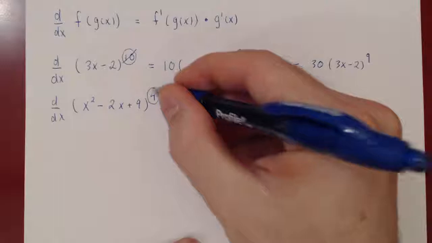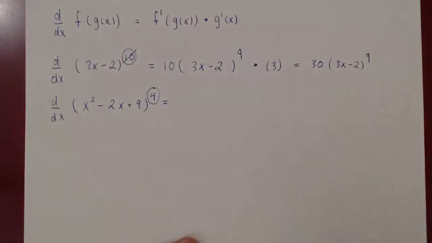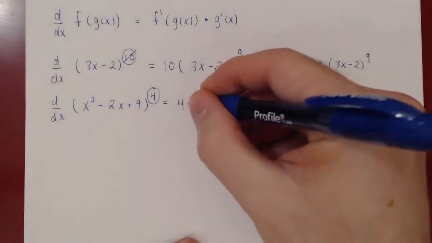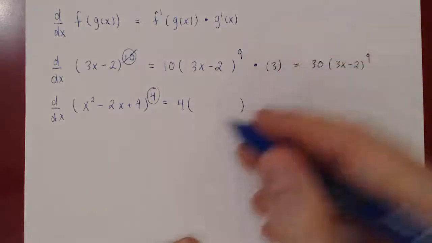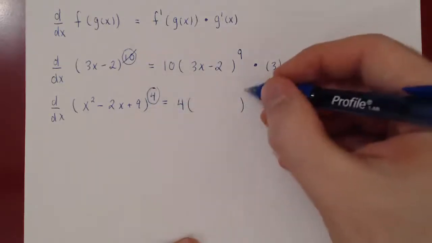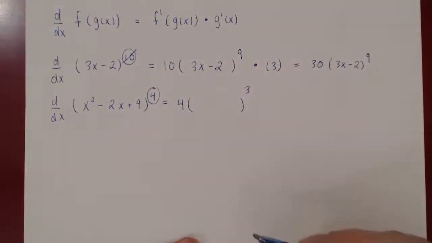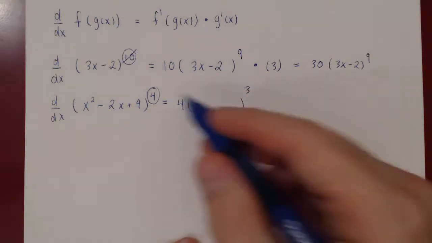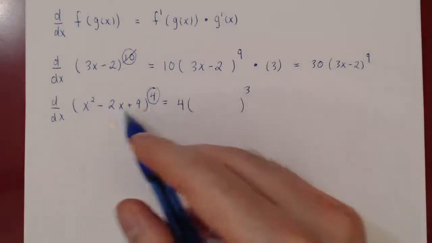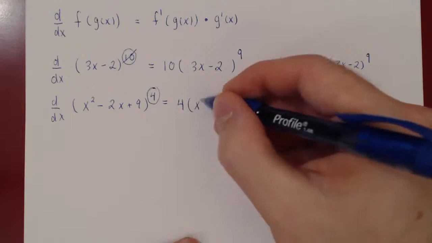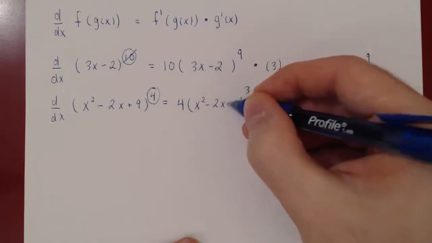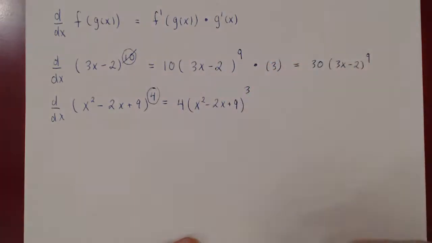So the outside function is the 4th power. Once again, we use the power rule, bring the power down, subtract 1 from the exponent, you get 4 minus 1 is 3, and it is the derivative of the outside function at the inside function, which is x squared minus 2x plus 9.